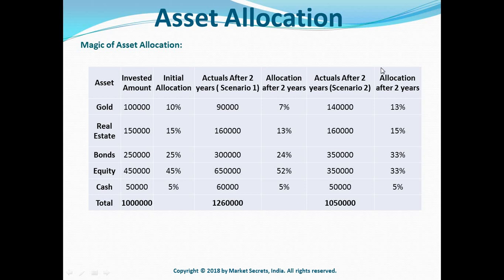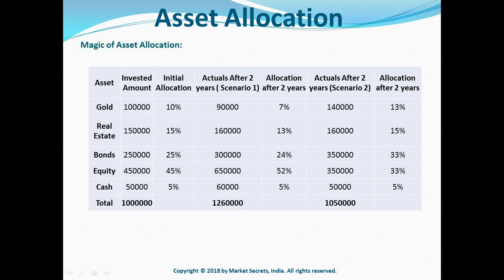In such a scenario, I have to sell my holdings in gold and also my holdings in bonds, and I have to reinvest that particular amount in equity to bring my asset allocation to the original or initial planned levels. Also, as mentioned earlier, you can utilize the 50,000 rupees cash that is available for any minor rebalancing in the portfolio.